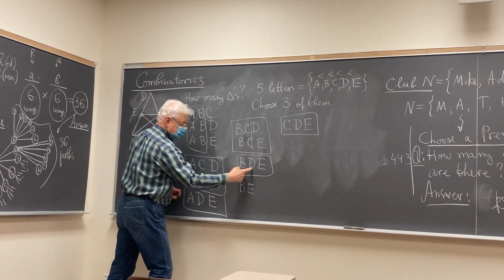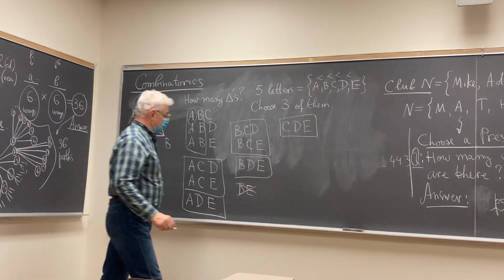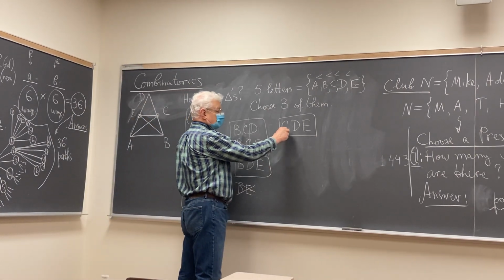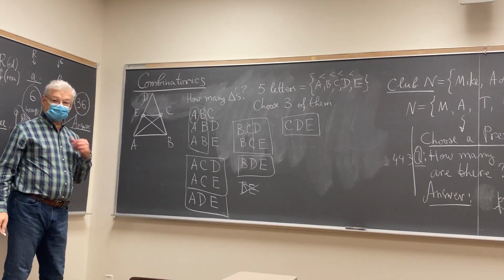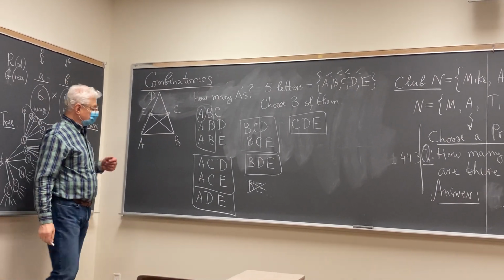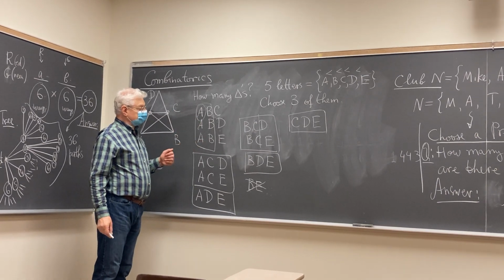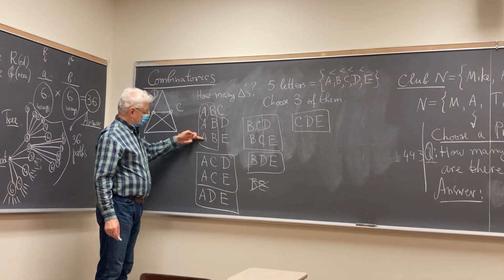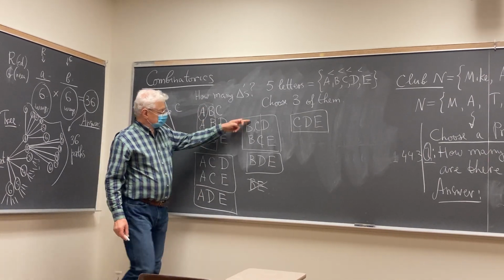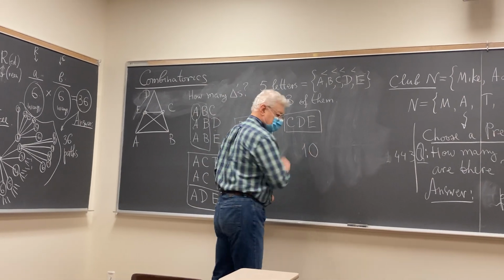And BED is the same here, so nothing. And finally, if you write C, the only possibility is CDE. So now we know, because we have a special arrangement, that all the triplets are taken. How many of them? 1, 2, 3, 4, 5, 6, 7, 8, 9, 10. 10.